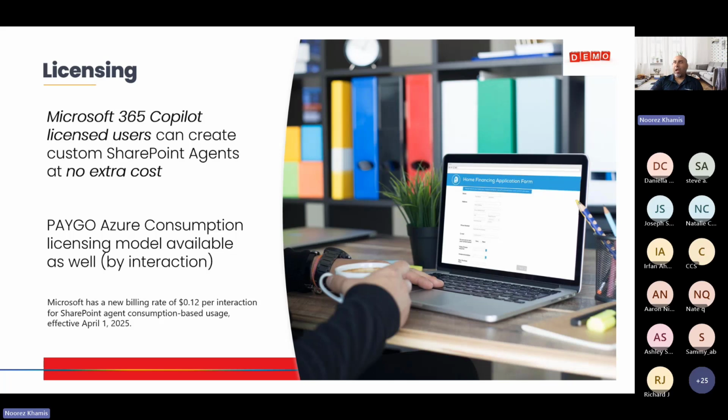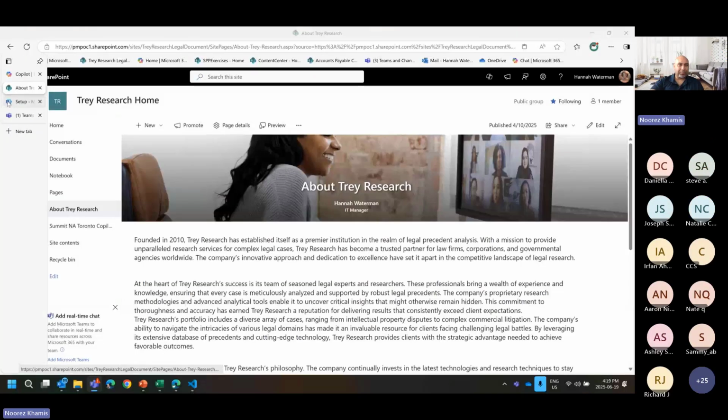So let's quickly demo. I'm not going to demo applying the licenses to M365 Copilot, but I will show you how to configure the pay-as-you-go capability in the admin center. This is for you tenant admins, your M365 tenant admins who might have access to this on your tenant. So let me share my screen and we'll jump into that.